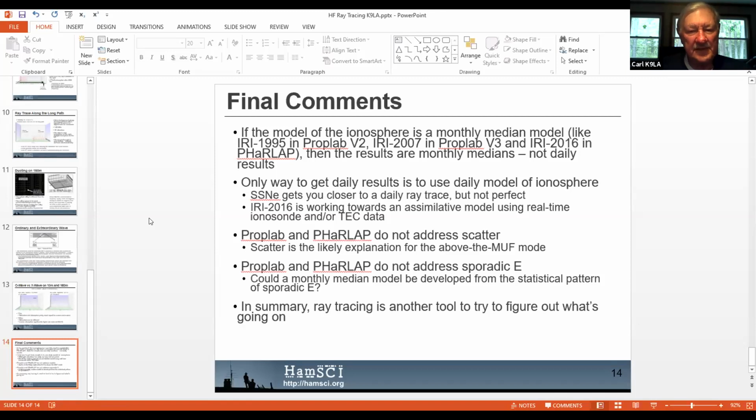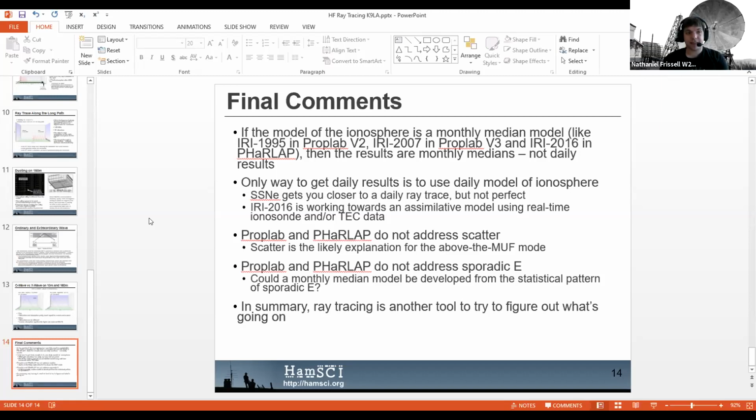It's a rigorous calculation, and of course it depends solely on how good the model is. And of course, down in the D region, our models are based on a lot less data than what we have for the F2 region and the E region.